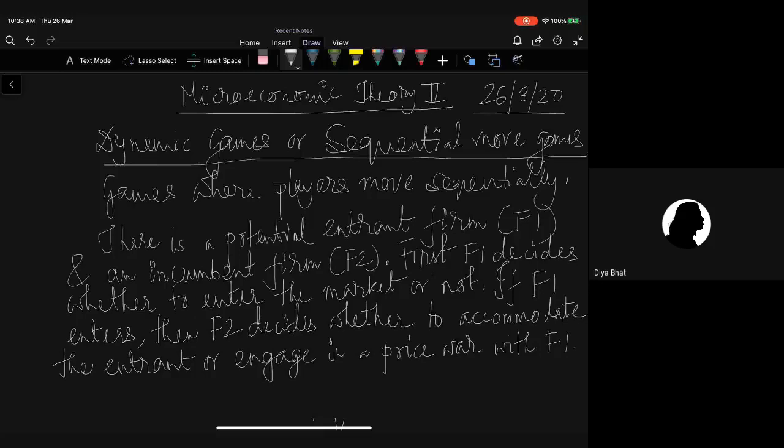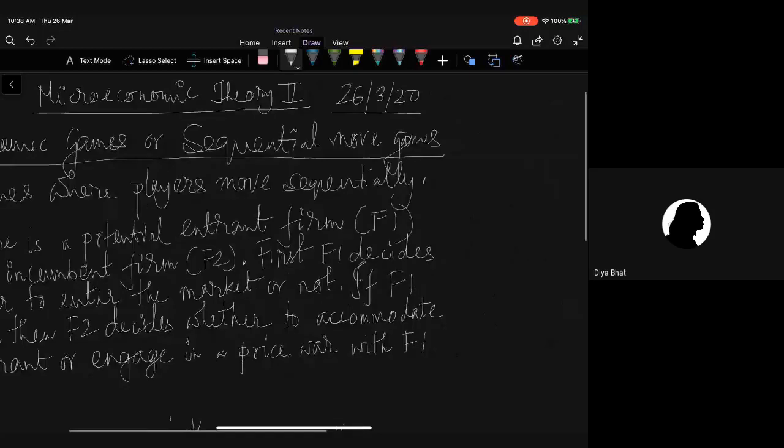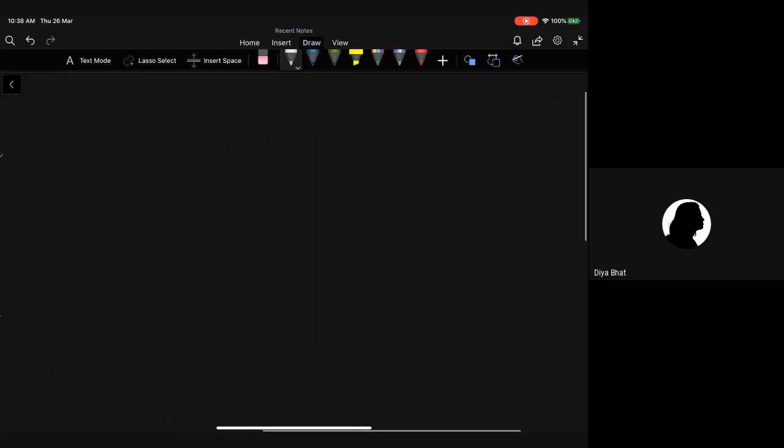So if F1 enters, then F2 decides whether to accommodate the entrant, meaning to behave cooperatively with the firm, or to be very aggressive with the firm, which means going on a price war. These are the two strategies of F2. So what are the payoffs?